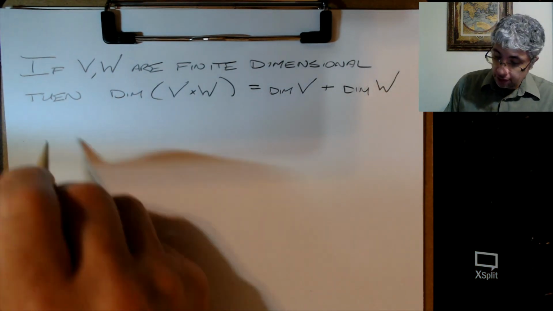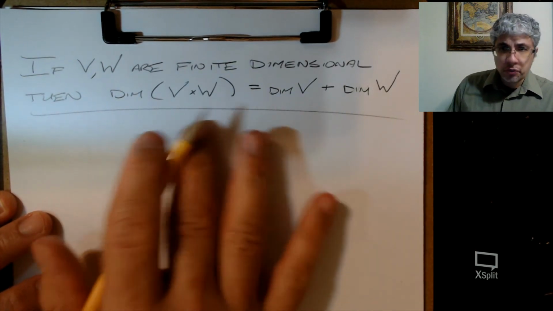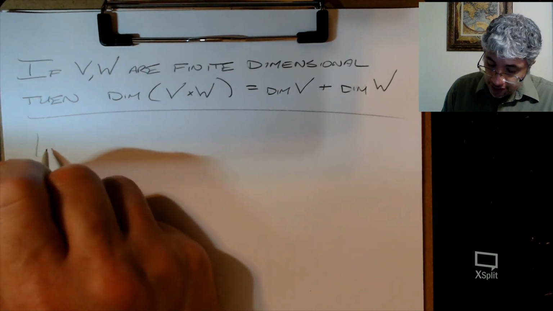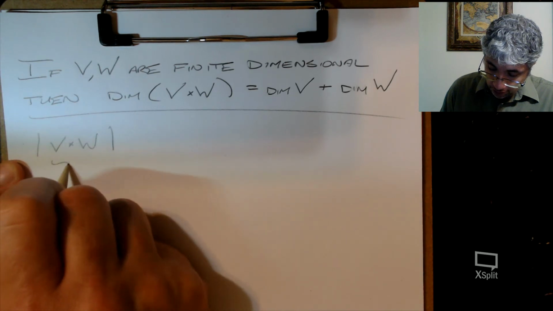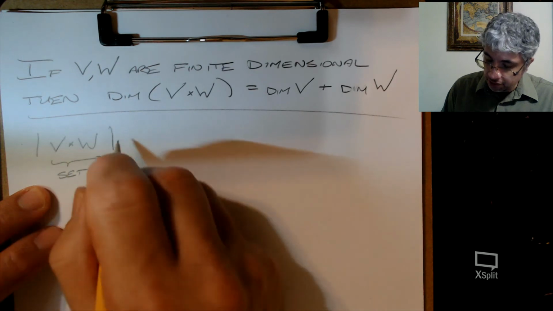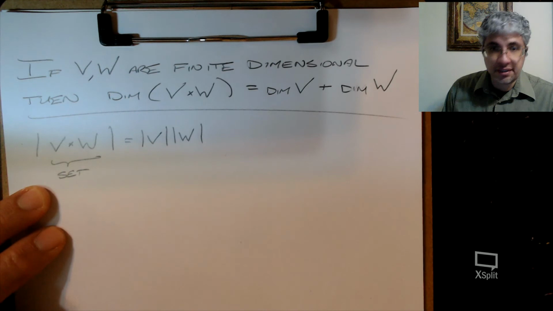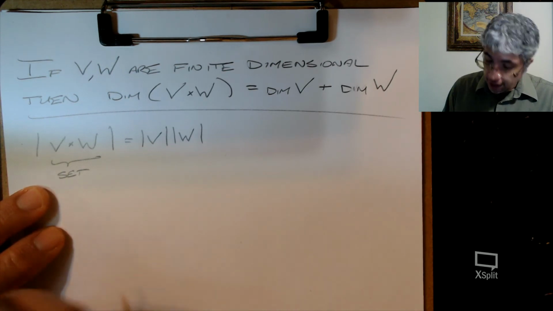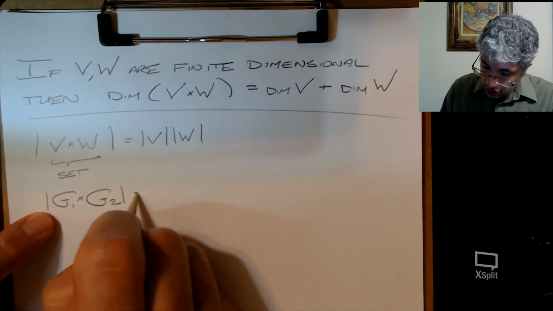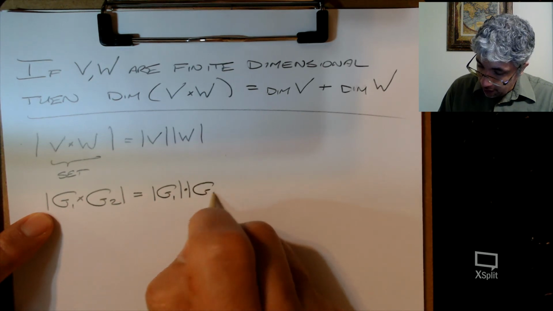Even if we haven't had too many different math courses in groups and topologies and things like that, just when it comes to the Cartesian product of sets, if I take the absolute value of the set V cross W, and let's say V is finite and W is finite, then this is the size of the set V times the size of the set W. And if I have groups, the size of the group G1 cross G2 ends up being the size of G1 times the size of G2.